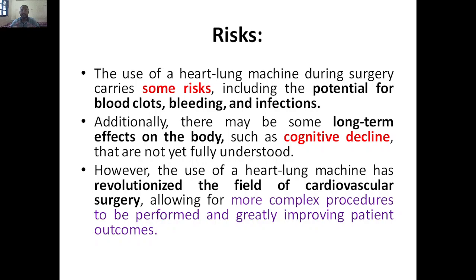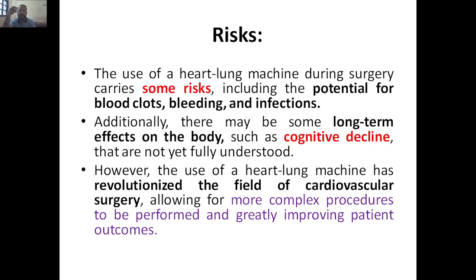It also allows more complex procedures to be performed. It's not simple just because we are connecting the machine with the human being's functioning. It is a very complex procedure, not as simple as we say in words.